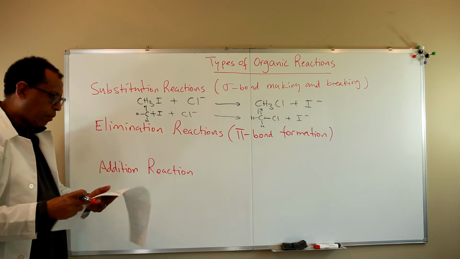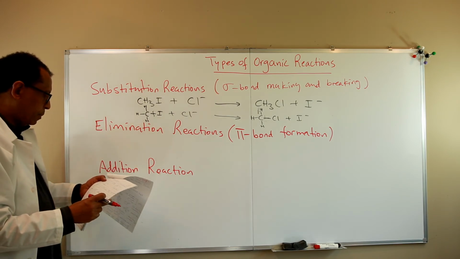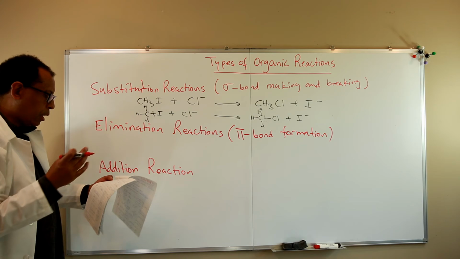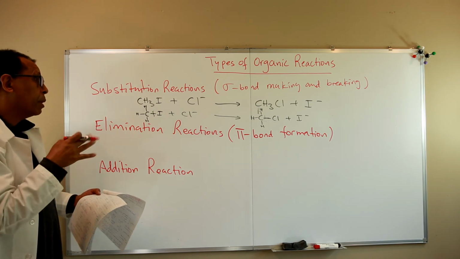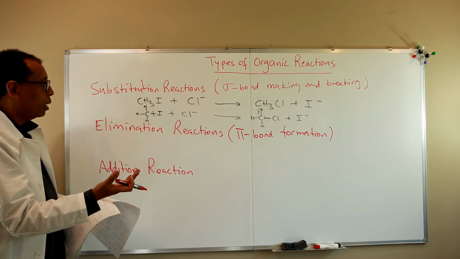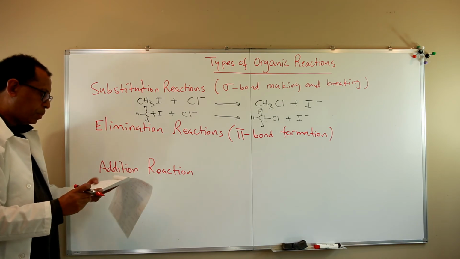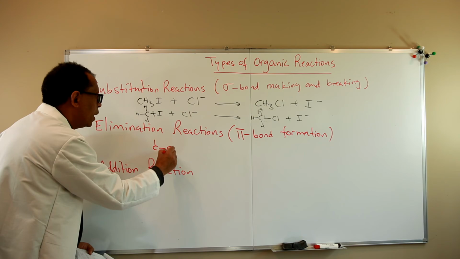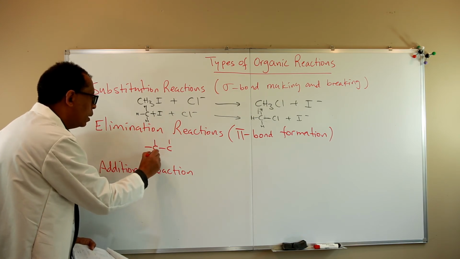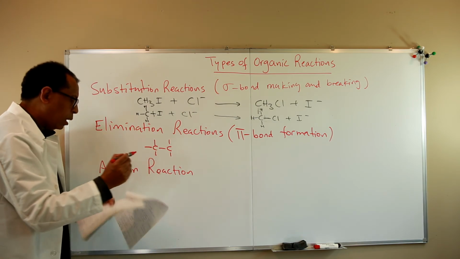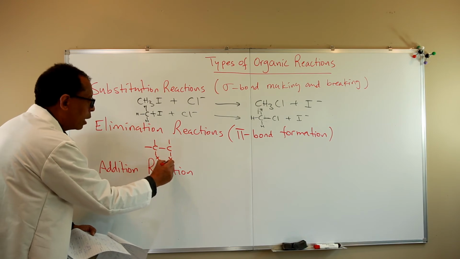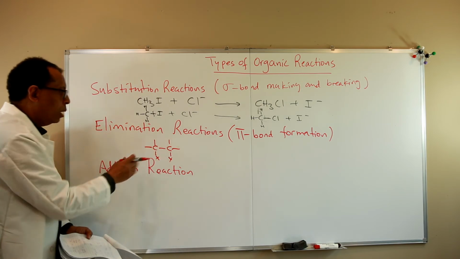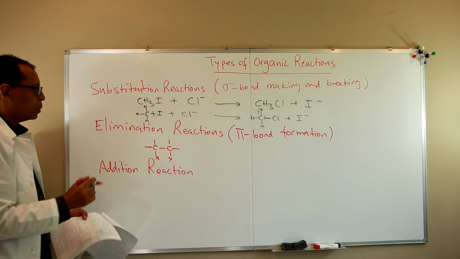For example, you would be breaking two sigma bonds to make one pi bond. If you have carbons like this, let's say these are X and Y that are to be eliminated out of the system.